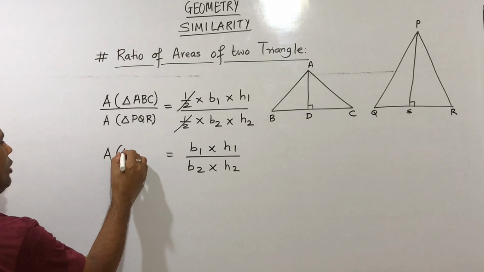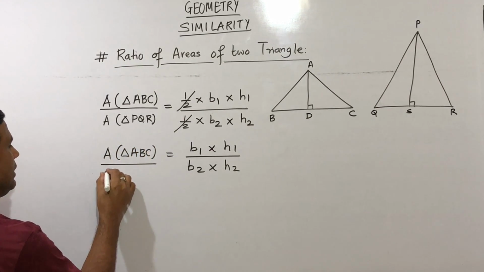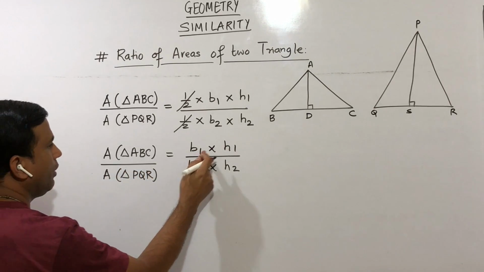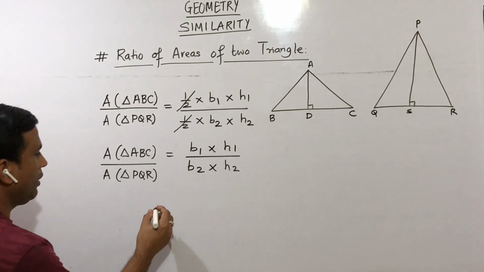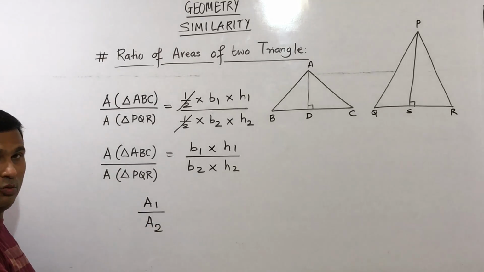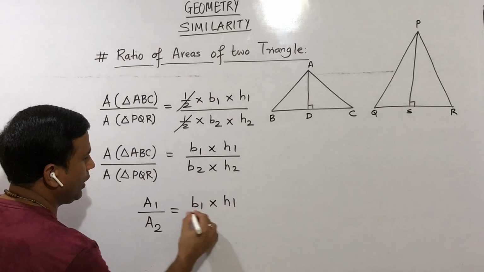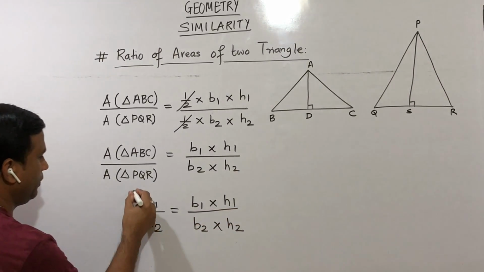That is, the ratio of areas of two triangles is the ratio of their corresponding base and height. So finally we can come to a conclusion that A1 upon A2 is equal to B1 into H1 upon B2 into H2.